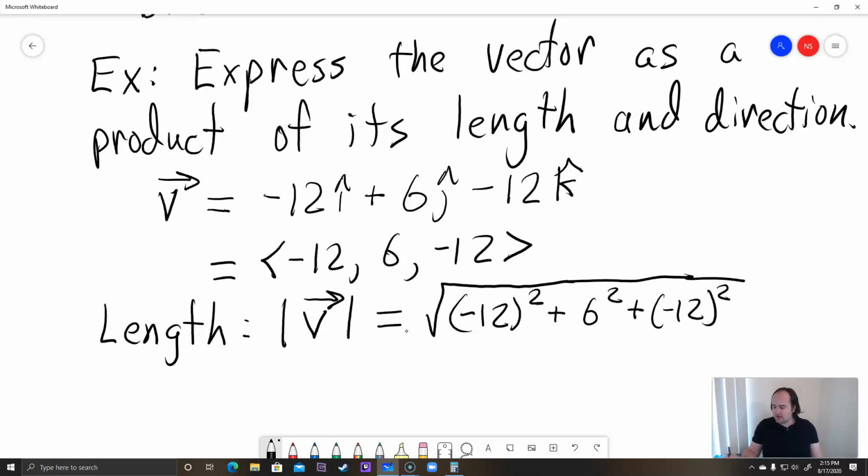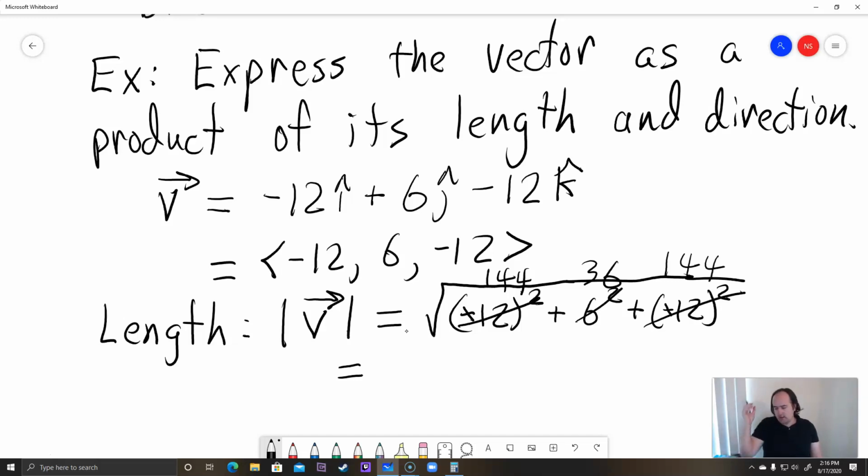Okay, that's going to give us the length. And remember, when you're squaring a negative, it becomes a positive, so we can cross out those negatives. So what's that going to give us? Well, 12 squared is 144. 6 squared is 36. And then this 12 squared over here is also 144.